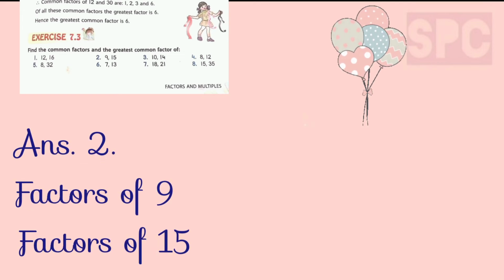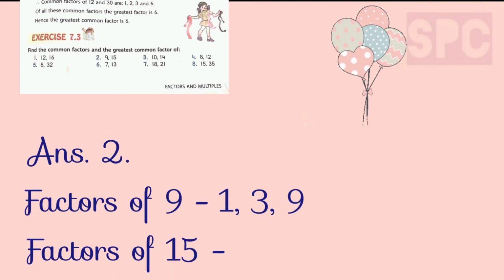9 and 15. So first factor of both the numbers will be 1, because we know the smallest factor of any number is 1. Then 3 3s are 9, so 3 will be the factor of 9, and because 9 doesn't appear in the table of the rest of the numbers, in the end we will write the number itself, that is 9. So 1, 3 and 9 are the factors of 9.